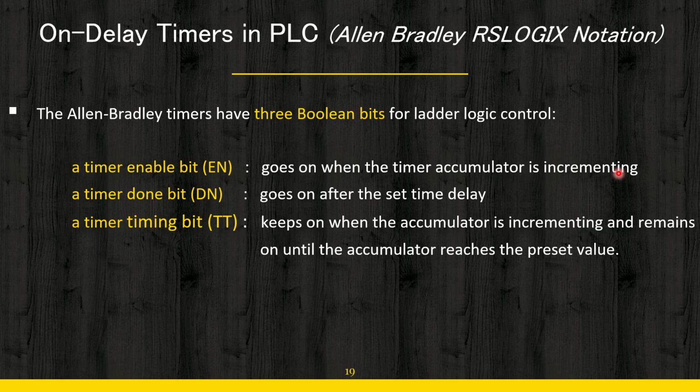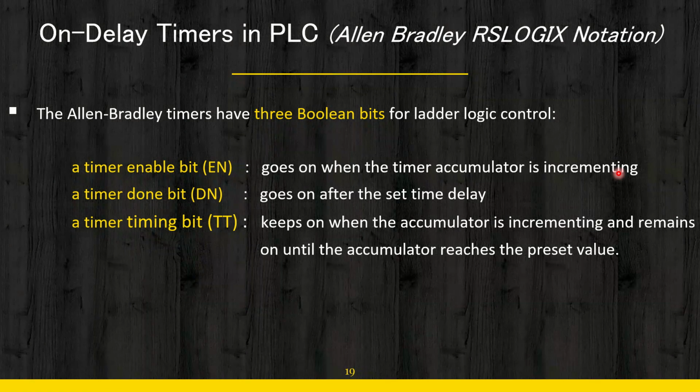So what is the purpose of EN? Suppose your time starts from 0 and it has to go up to 500. Then there is an accumulator in the timer. You can actually see the values of the accumulator, continuously changing, when the program execution is taking place.